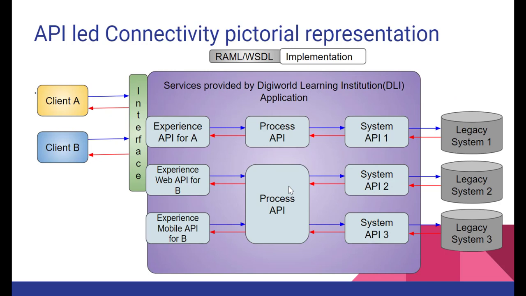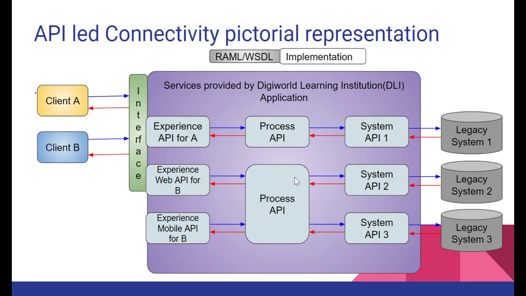So now we will think about this picture. We will explain the picture, like what is actually happening here. So suppose you have opened an organization, and there is only one application which provides services. Suppose that application supports two services, right?